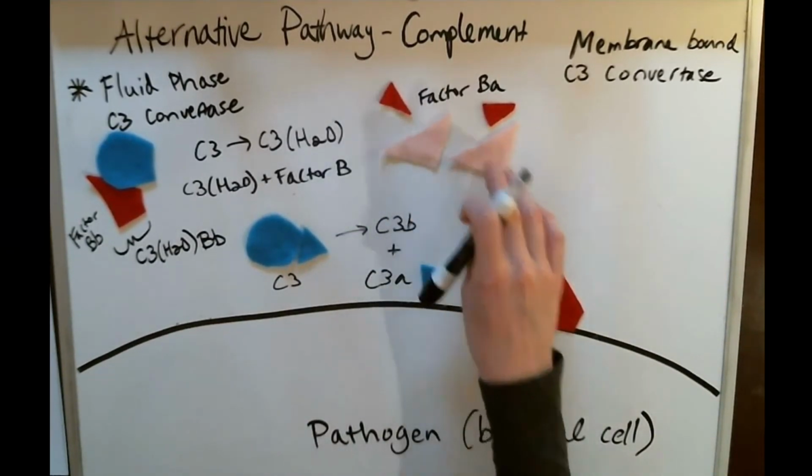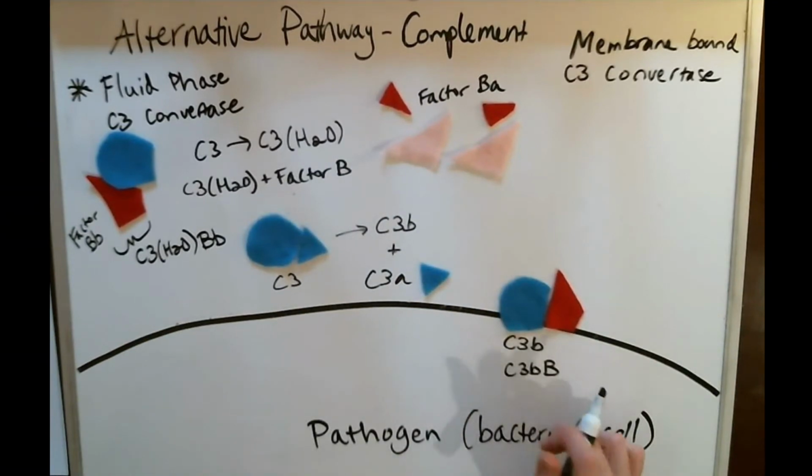So what we'd be left with after the cleavage process that factor D caused is we still have C3b, and now we have the smaller subunit of factor B, which is capital B, little b, to distinguish that it's been cleaved. So this complex here, C3b,Bb, is what we call our membrane-bound C3 convertase.